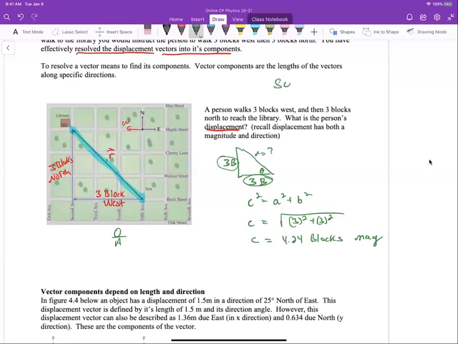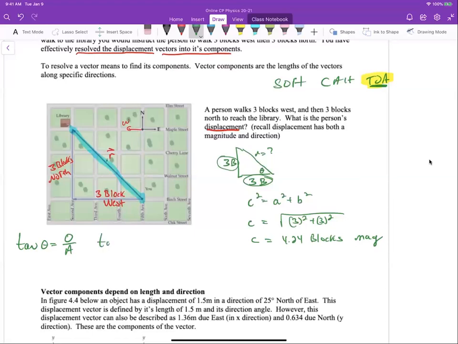If I was doing a problem, I always have to write out SOHCAHTOA because I always forget. I see that I have the opposite side and adjacent side, so I'm going to use tangent. Tangent of theta is equal to the opposite side divided by the adjacent side. To find theta, I have to get theta by itself, so I take the inverse tangent of both sides.